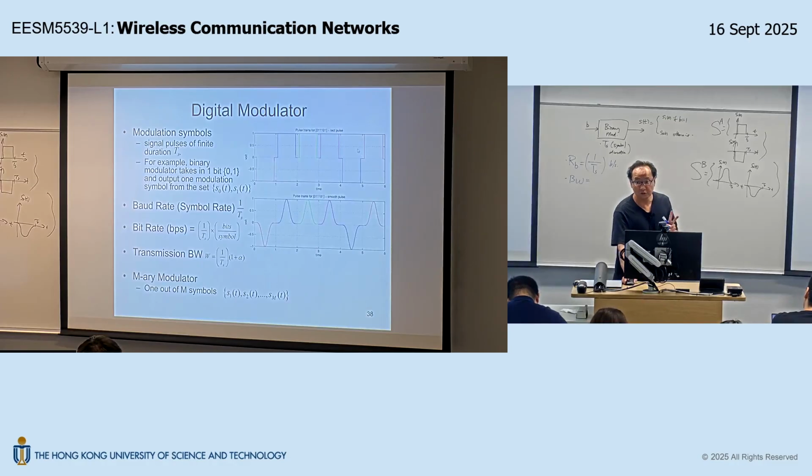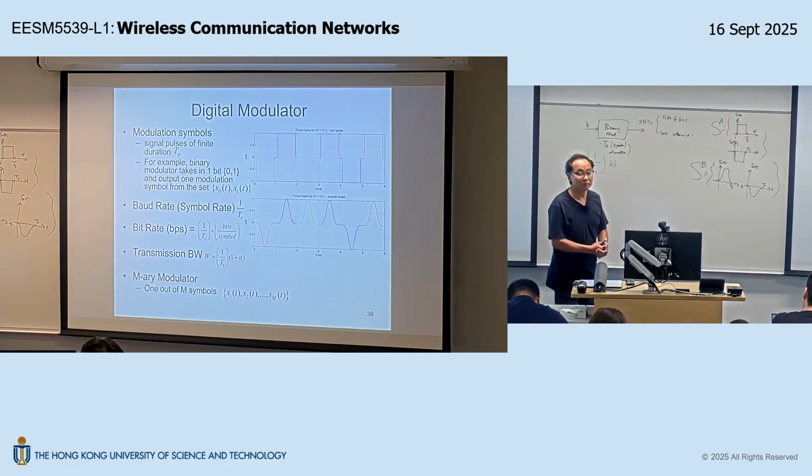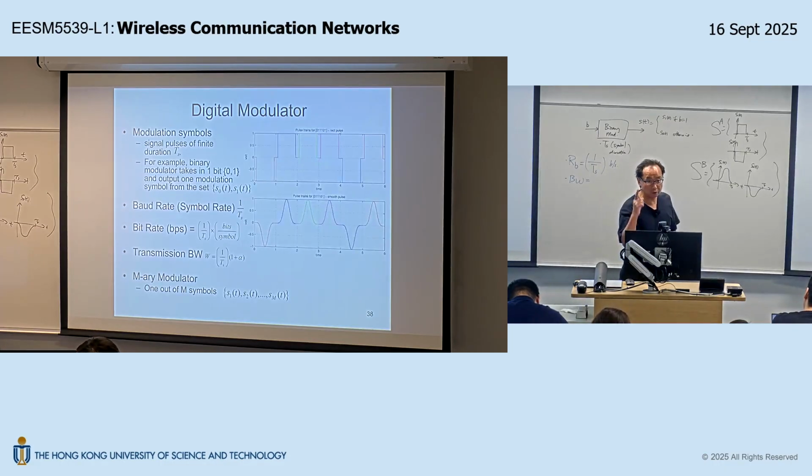Which two factors? The first one is the pulse shape, right? If you look at the time domain waveform, do you see any sharp transitions, sharp corners like this? Or do you see a smooth pulse like this, right? That will affect the bandwidth. Waveforms with sharp transitions, discontinuities, will generate high frequency components, right? Okay, that's the number one factor, the pulse shape.